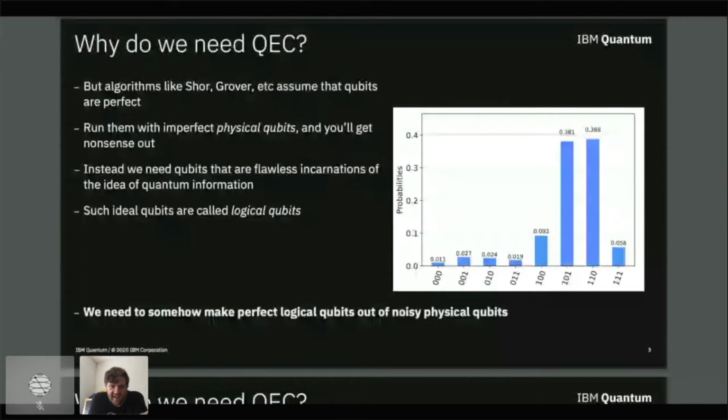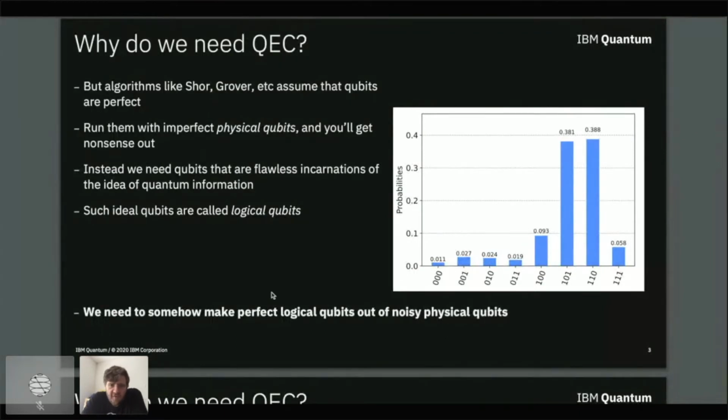They are exactly the two-dimensional quantum systems that you will have learned about in the last few lectures. But if you run these algorithms with actual physical qubits, qubits that are physically there on a device made out of a physical system, then you'll get not so great results, because the algorithms have been designed assuming that they are perfect, and they are not quite perfect.